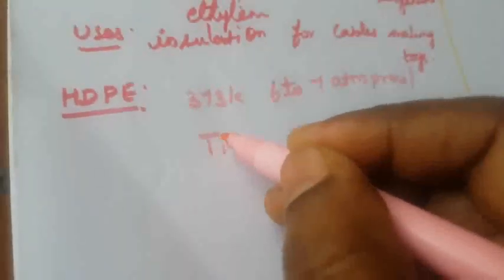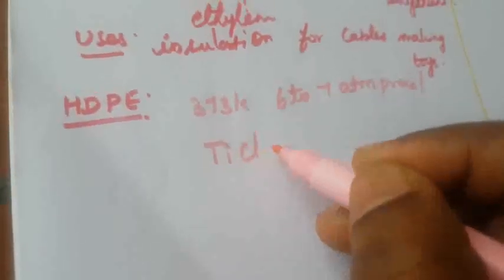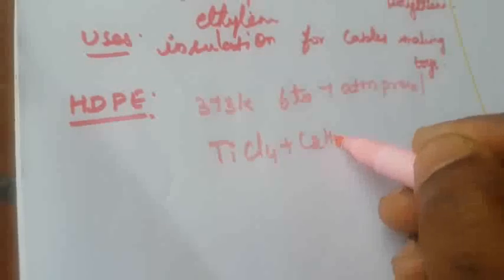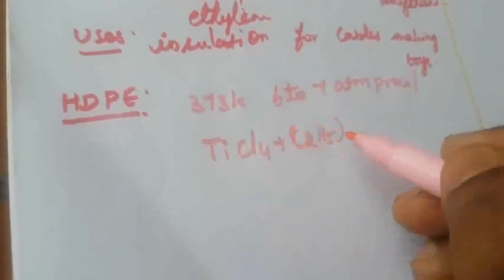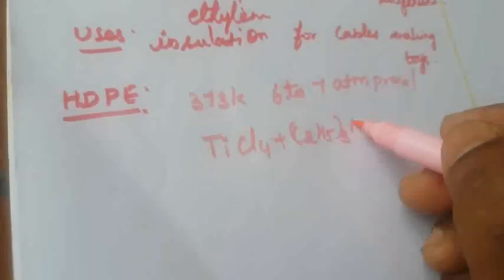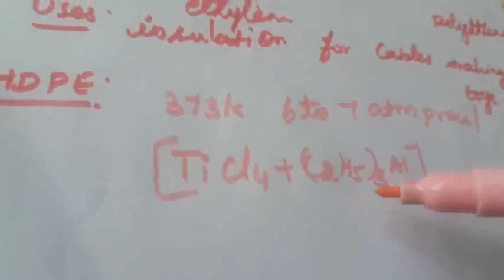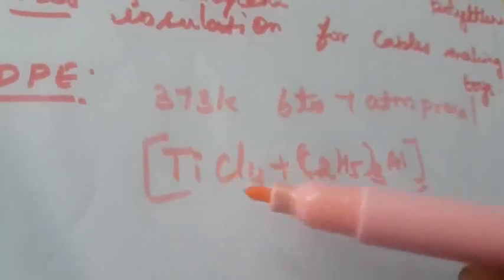What is Ziegler-Natta catalyst? We already studied it in the third lesson. It is TiCl4 and triethyl aluminium, (C2H5)3Al, that is, titanium tetrachloride.